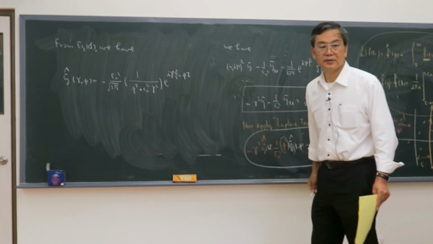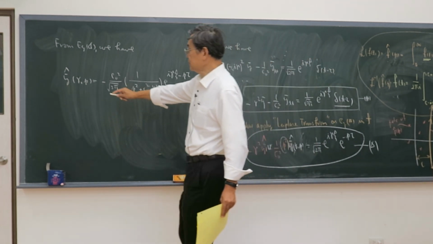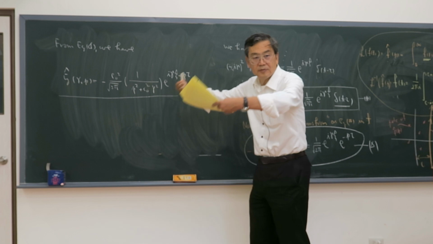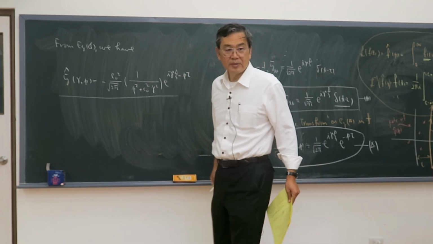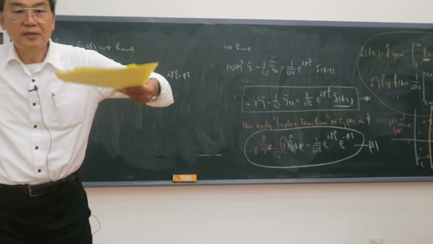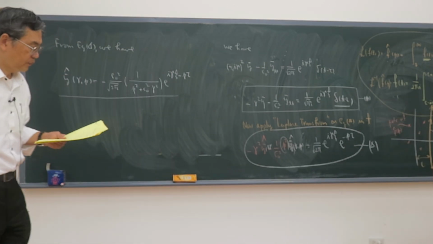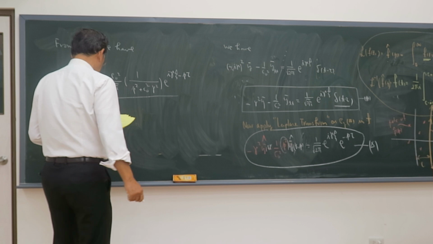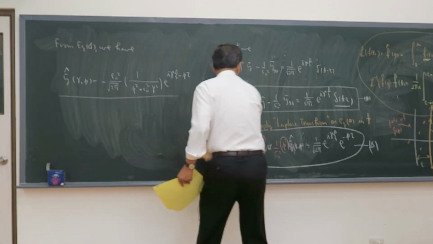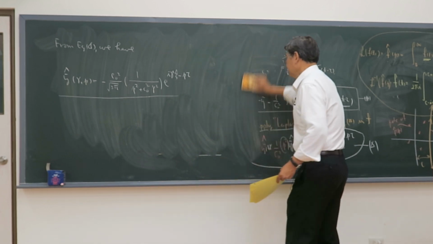All right. So we got this. Then we have to go back to the t domain, and back to the x domain. All right, so let's further do the Laplace inverse first.